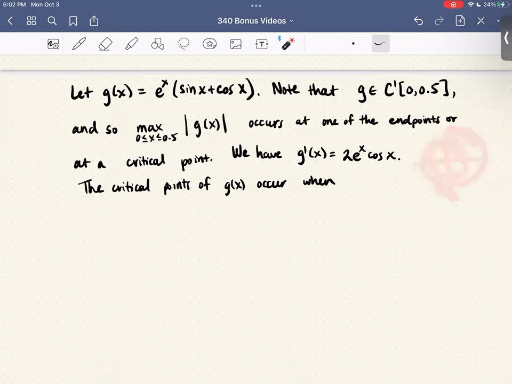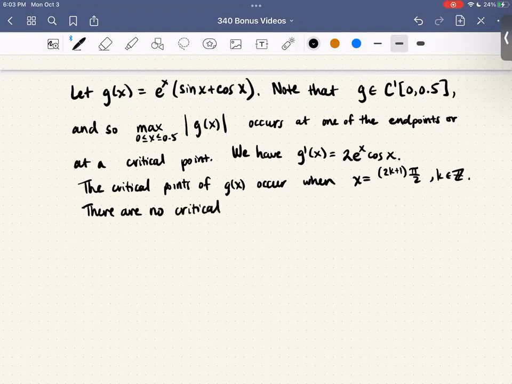We can go back around, so really odd multiples of pi over 2: x equals 2k plus 1 times pi over 2, where k is an integer. The smallest x value where this occurs would be pi over 2, which is not in the interval. There are no critical points in this interval 0 to 0.5, so we check the endpoints.